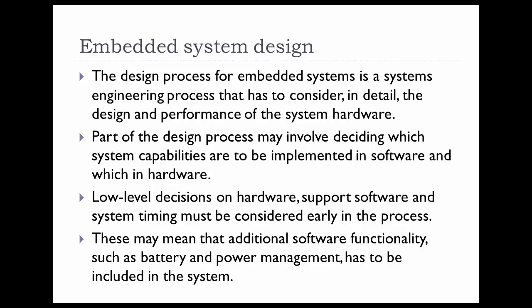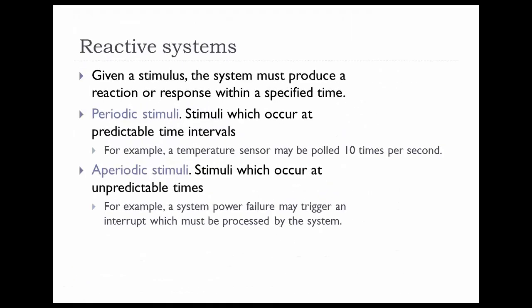Low-level decisions on hardware, support software and system timing must be considered early in the process. These may mean that additional software functionality, such as battery and power management, has to be included in the system.